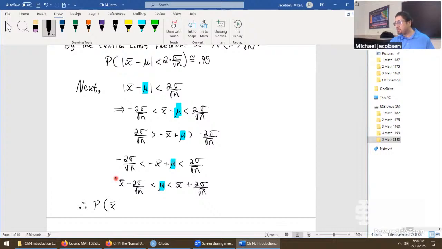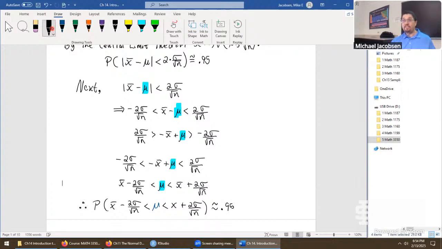The probability that x bar minus 2 sigma over root n is less than mu, that's the unknown in the middle, is less than x bar plus 2 sigma over root n is approximately 0.95.